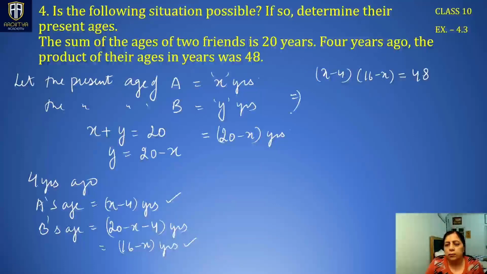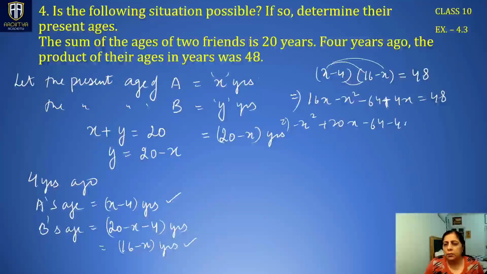So this is a quadratic equation we have to solve. In this case, it is not sure that you will be getting real values, so we have to check. This is 16x minus x square minus 64 plus 4x is equal to 48. So now I simplify it further. This is minus x square, 16x plus 4x is plus 20x, minus 64 minus 48 is equal to 0.